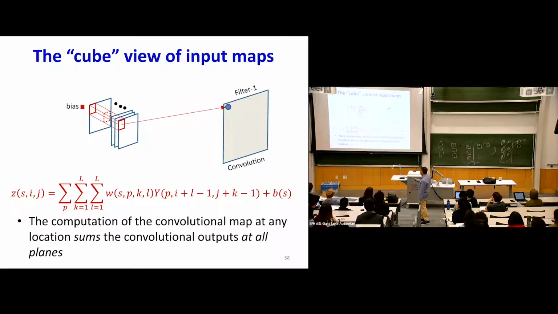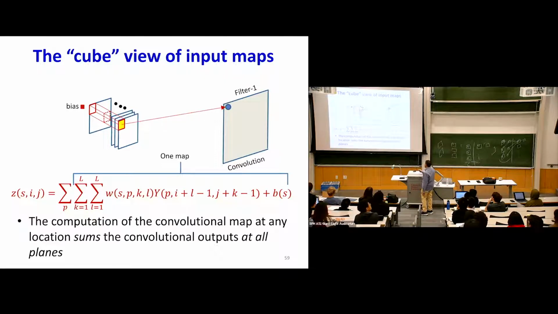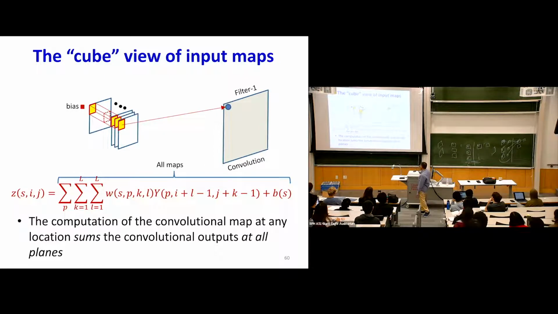You perform a component-wise product of the filter values and the underlying input values over the entire region covered by the filter. So first, that term is given here, this inner product. This inner term is showing you the computation that's done for one of these planes, and this outer term is summing over all of those planes.